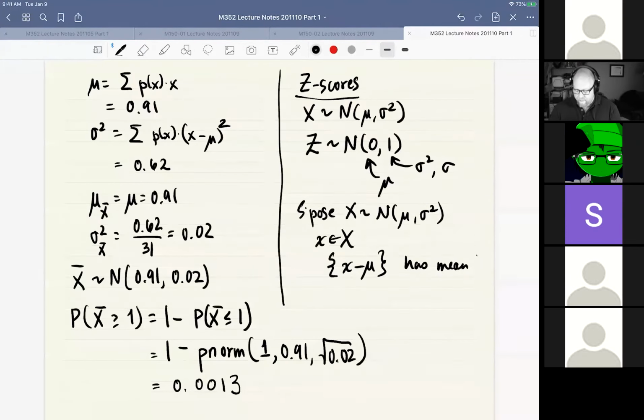This set has mean 0 by linearity of the mean. So I could take my random variable, subtract a constant from it, and get a new random variable that has mean 0. Everybody with me?